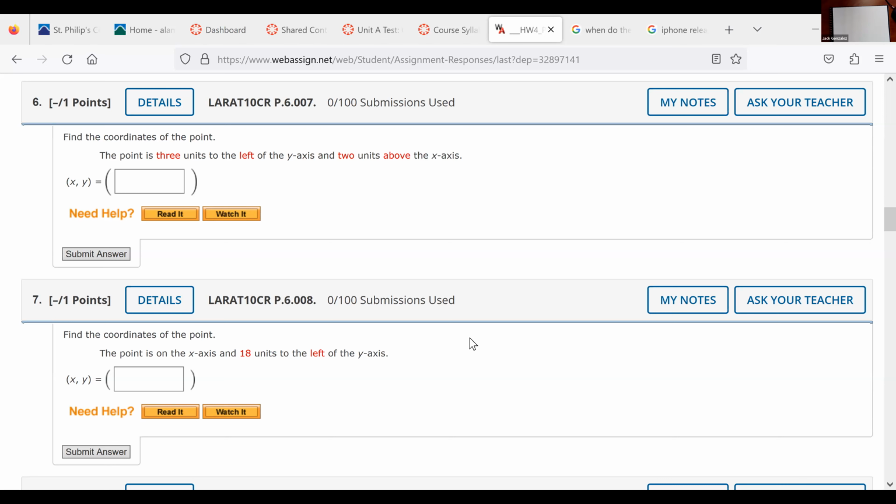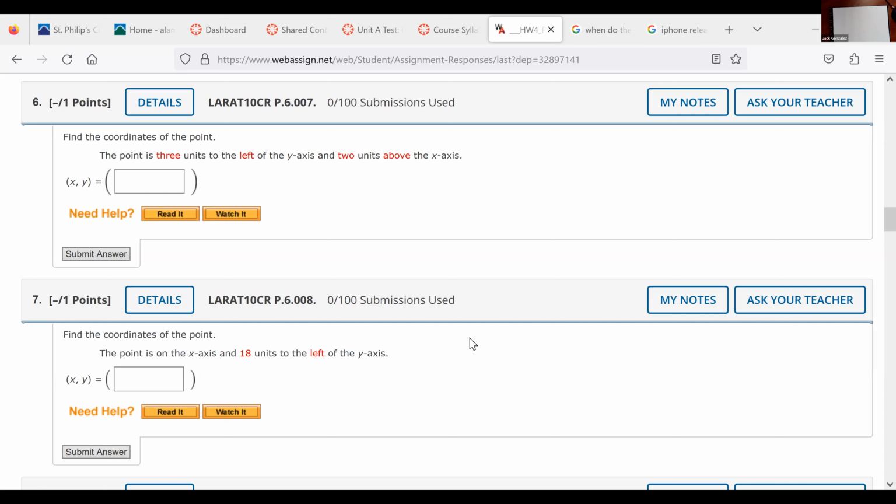Horizontal is x, vertical is y. So a point that goes to the left 3 units of the y-axis. Okay. So the y-axis is right here. This is the vertical line, right? And then 2 units above the x-axis. So I'm understanding it goes to the left and then up 2. Right?